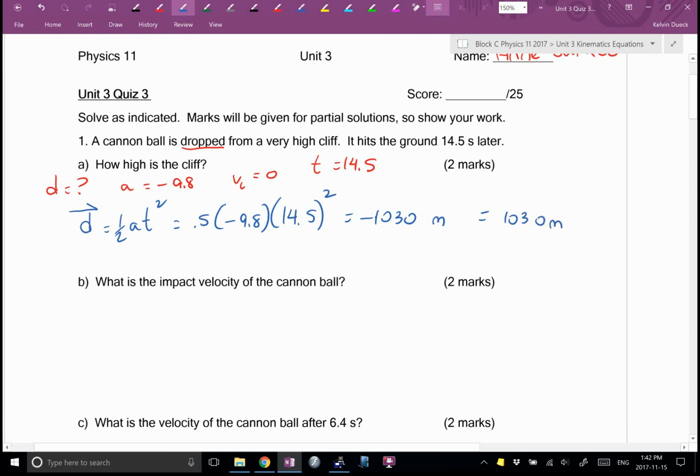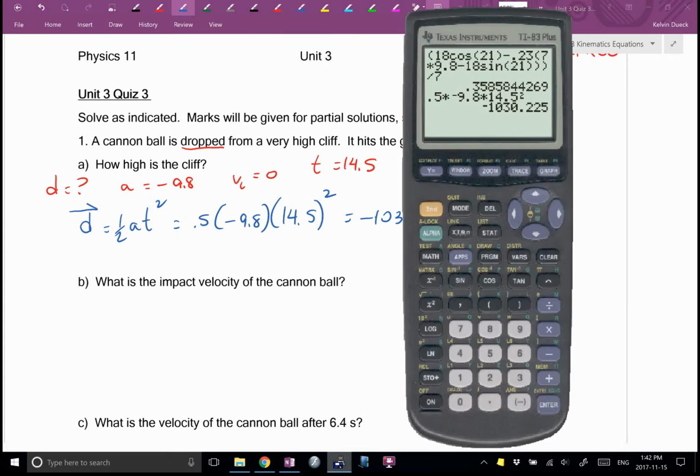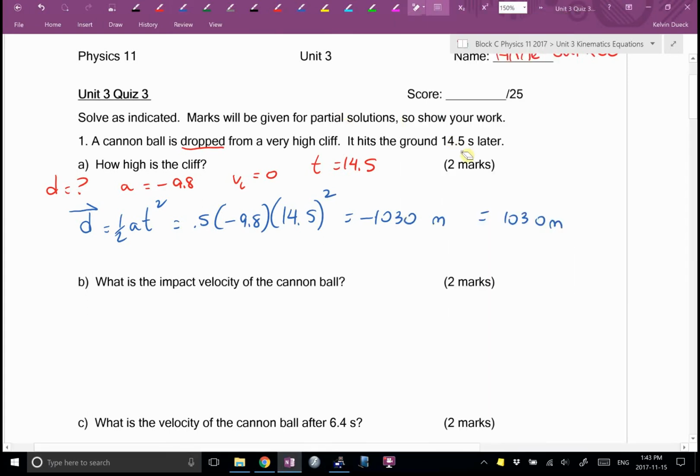If you have either negative 1,030 meters or positive 1,030 meters or negative 1,030.225, I went to 3 sig figs because of the 14.5, so that's 3 sig figs, 3 sig figs. You get 2 out of 2. If you did not, I would give you 1 mark for the equation, half mark for the numbers, and a half mark for either of those answers.